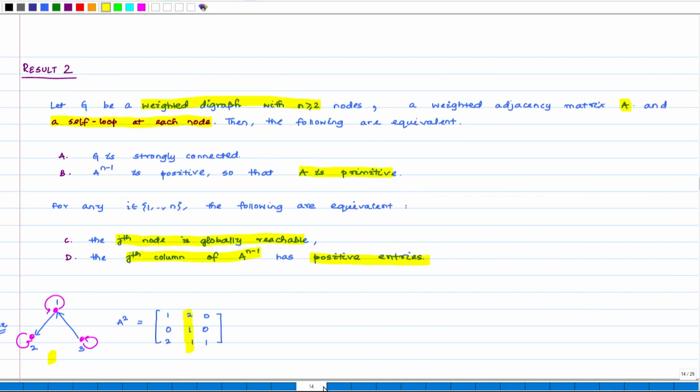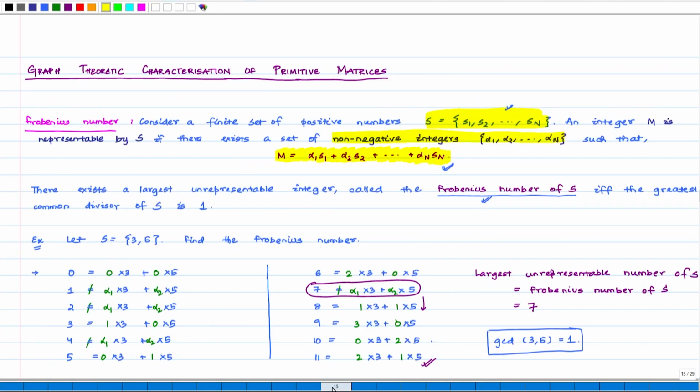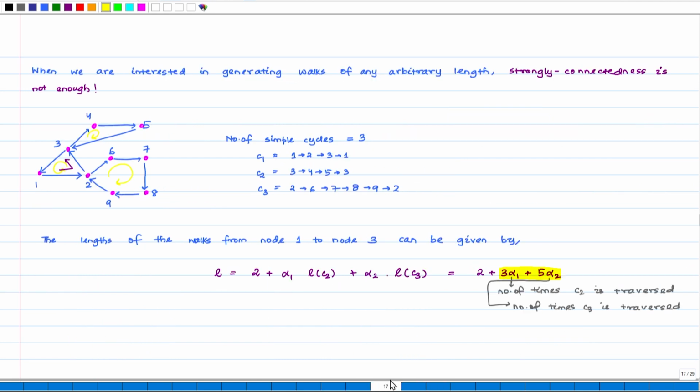And we already have an answer to what are the numbers that we can represent. So let me take you back to this example where we saw that the largest number not representable using the set 3 and 5 is equal to 7, meaning any length greater than 7 can actually be represented using the numbers 3 and 5.